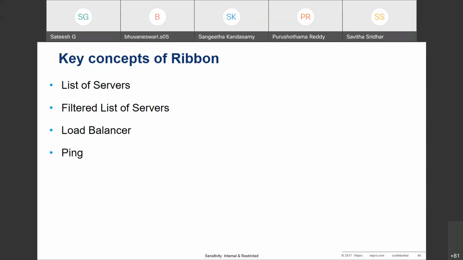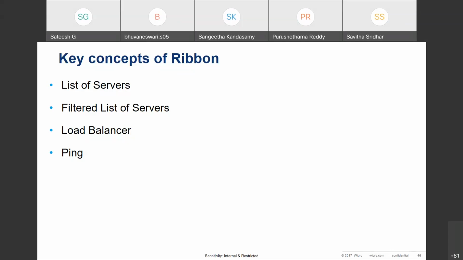Plus, you can also apply a filtering to this list of servers. If you don't want the searching to happen across all the available servers, you want your load balancer to check with only a few availability zones or whatever, you can even filter it.